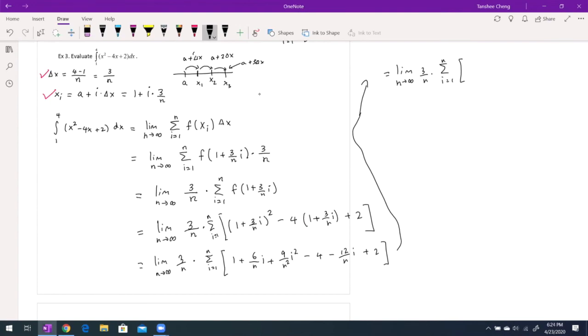And notice that right here, 1 plus 2 minus 4 will be negative 1, then 9 over n squared i squared. And here I have 6 over n i, and then here minus 12 over n i, so that will give you minus 6 over n i.